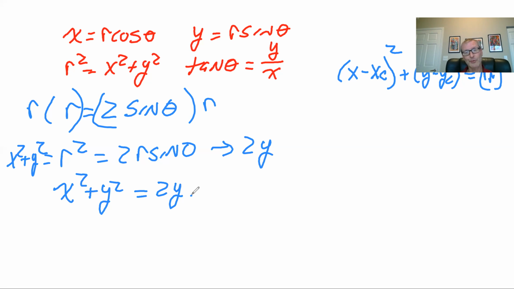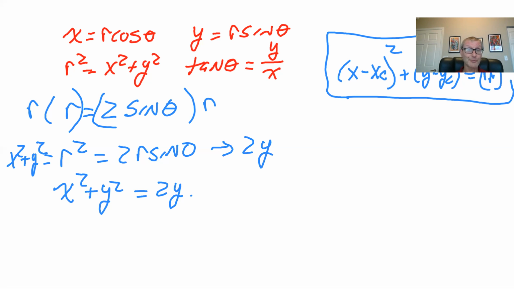And this circle's standard form looks like I've written up here. So let me show you how to do that algebra again. Hopefully this is a review. So first thing you want to do is we have this one set up where we have x minus 0 squared, right?